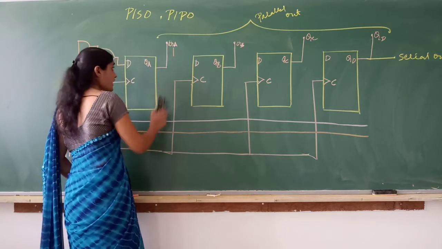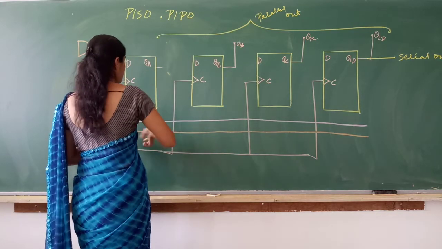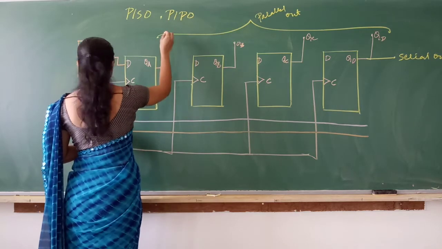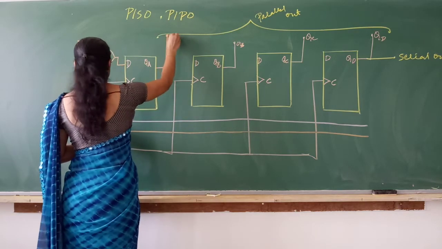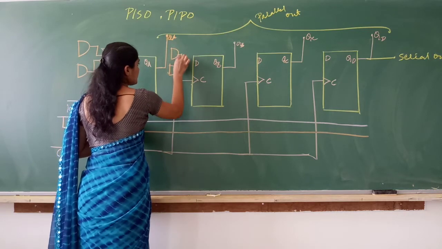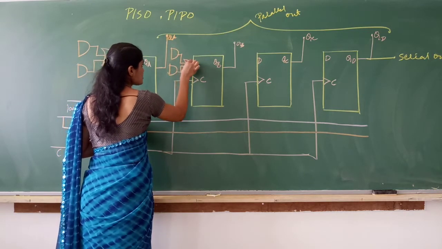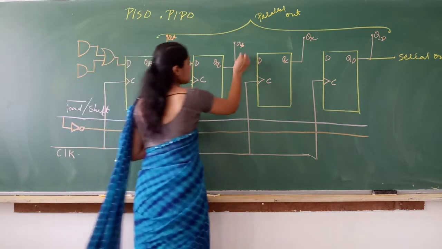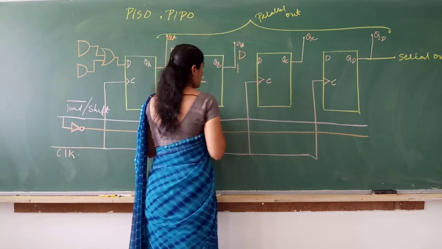You will get to know why we are using two AND gates and one OR gate. So the outputs of two AND gates are given as input to the OR gate. Again here, two AND gates.